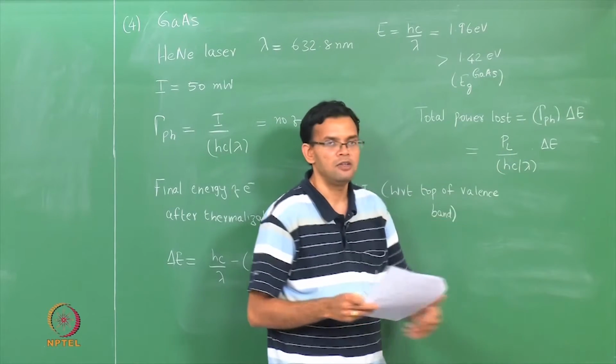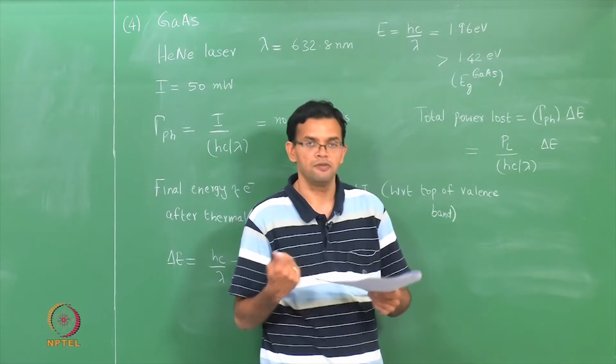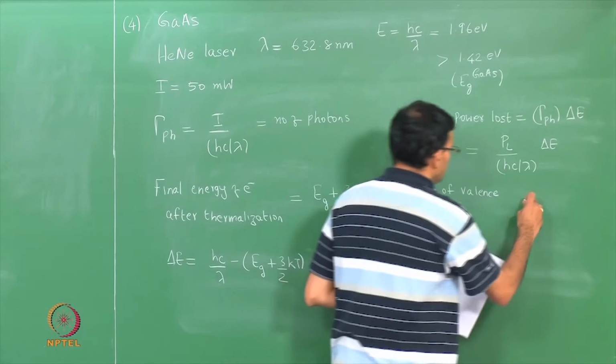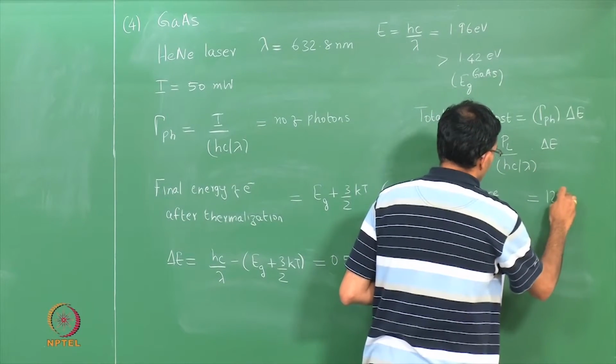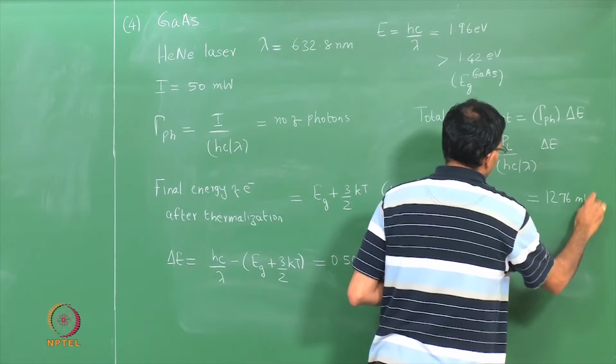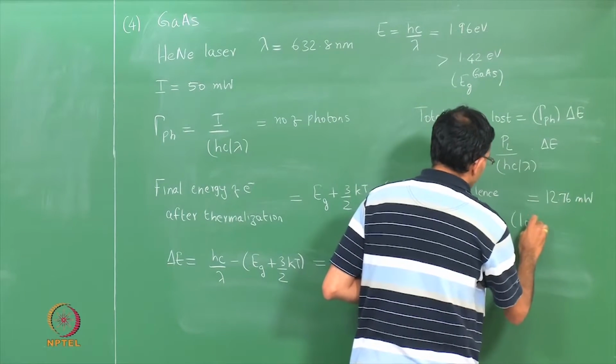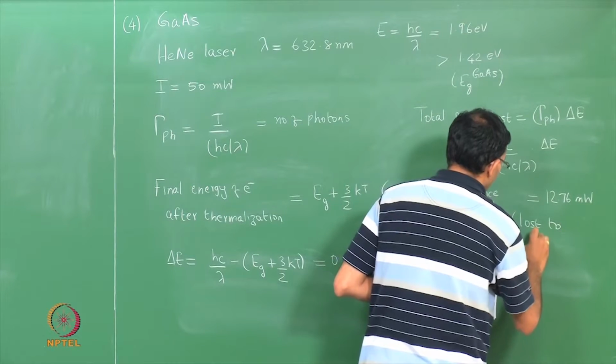So, all these values are known. PL is 50 milliwatts. So, if you substitute, this works out to be 12.76 milliwatt loss to thermalization.